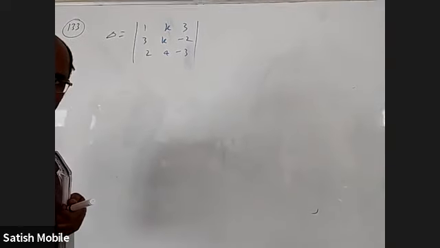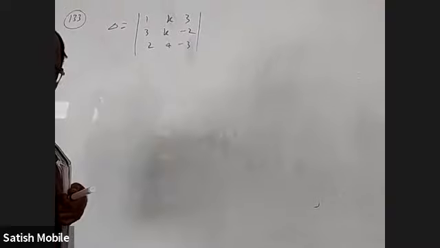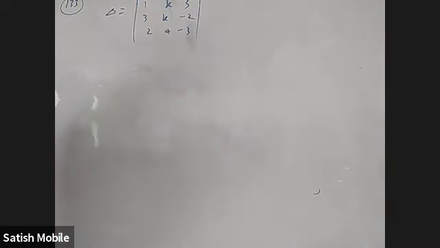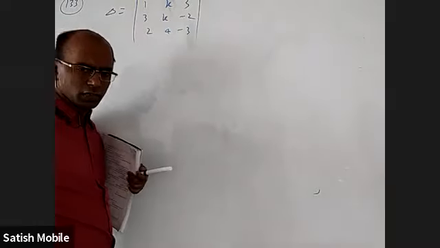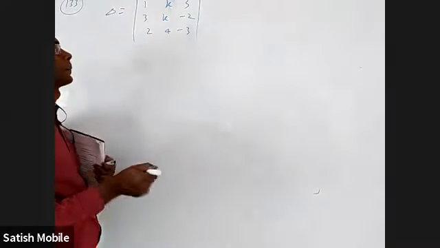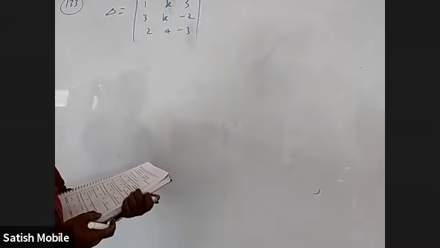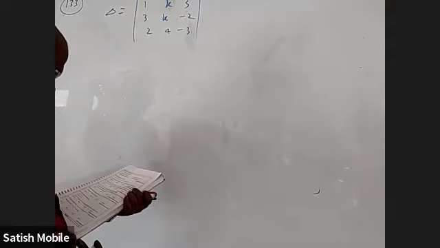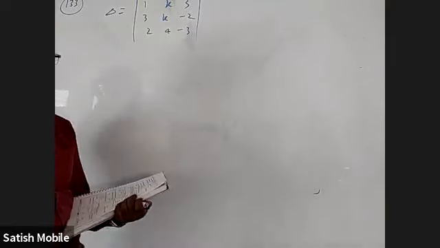Sorry, online people, I'm writing it down. 41 minus 11k. Not so good a number. 1, k, 3; 3, k minus 2; 4, minus 3.